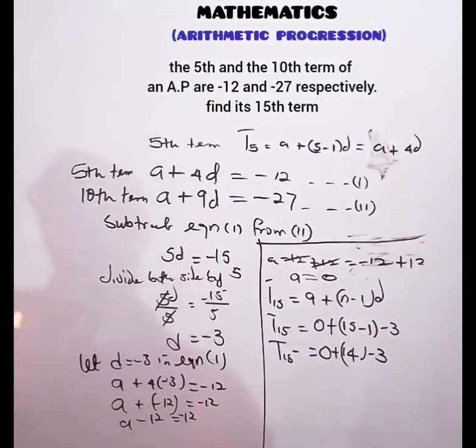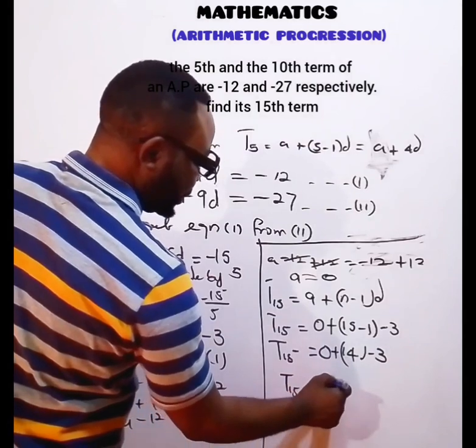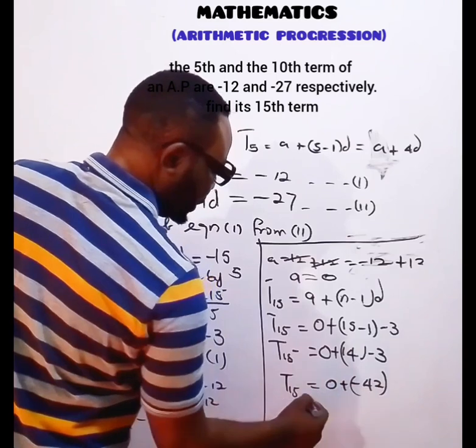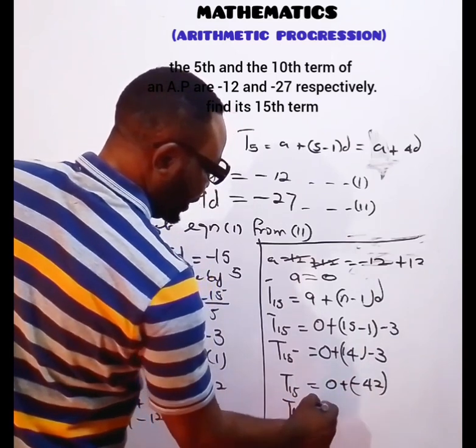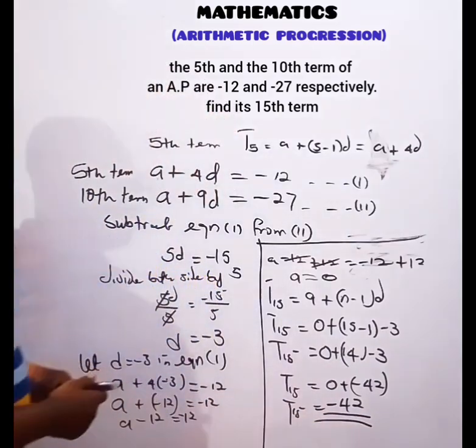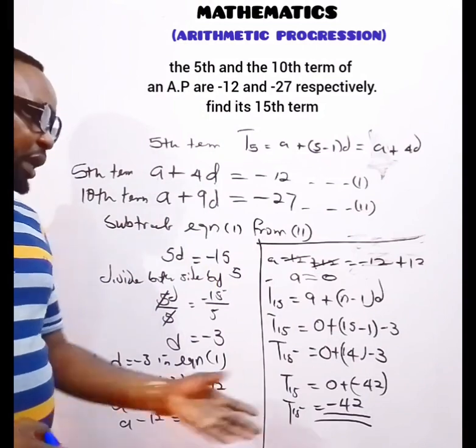Minus 14 times 3 will give us minus 42. So the 15th term will be equal to 0 plus minus 42, which is minus 42. That is the value of the 15th term.